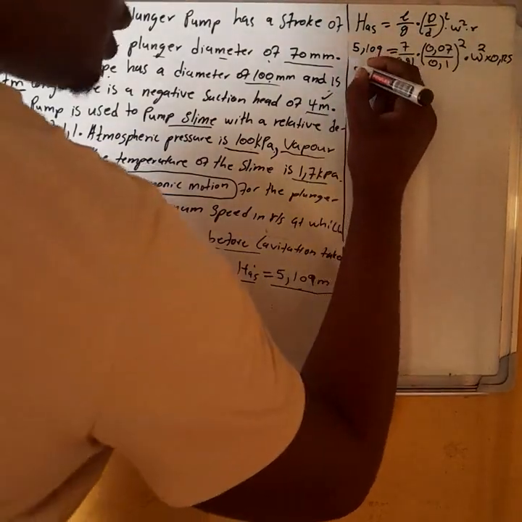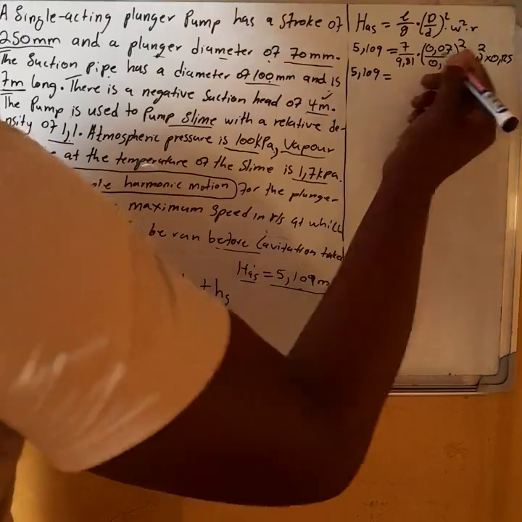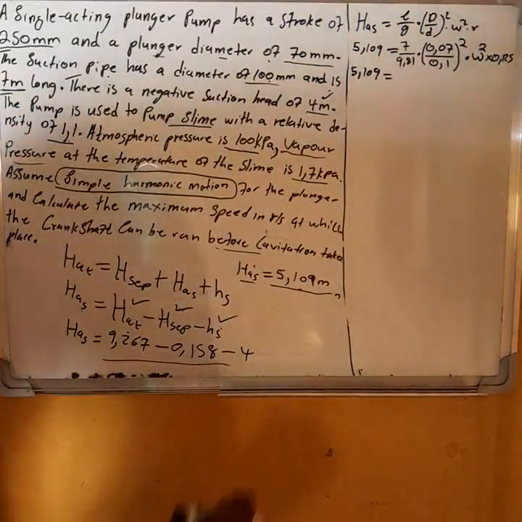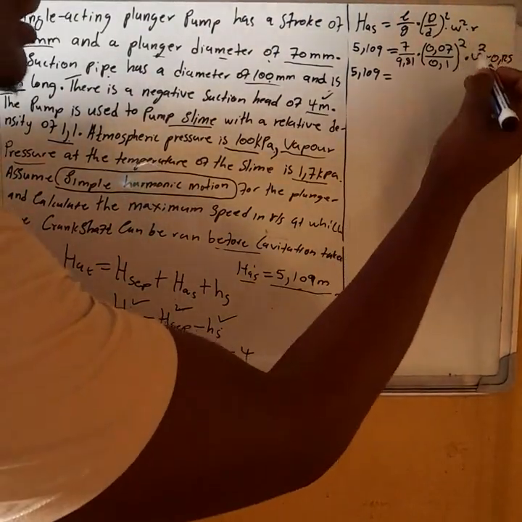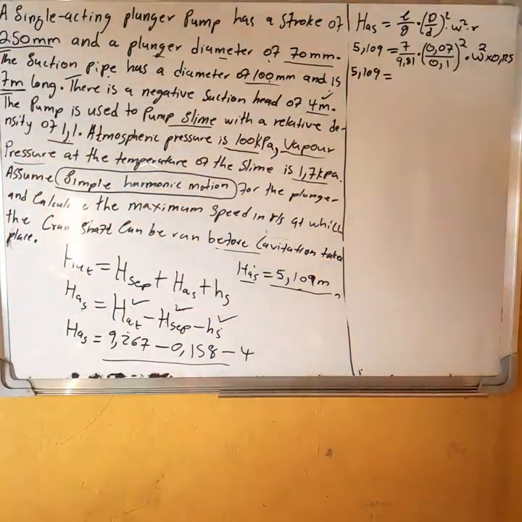Write this 5.109. Then punch this on the calculator. You can make it simple, because those are like terms. These are constants.